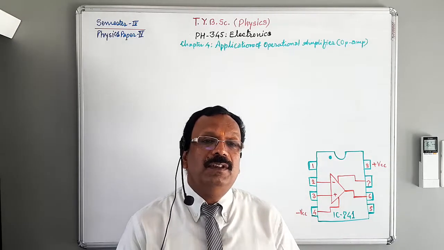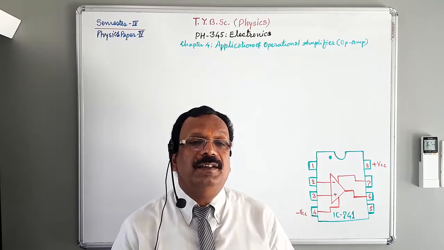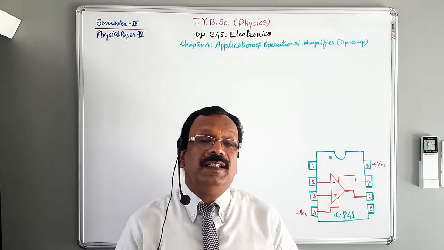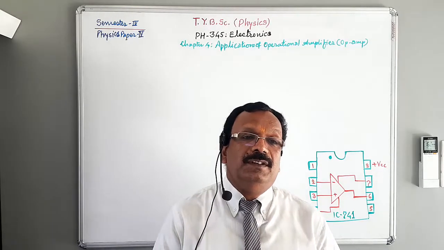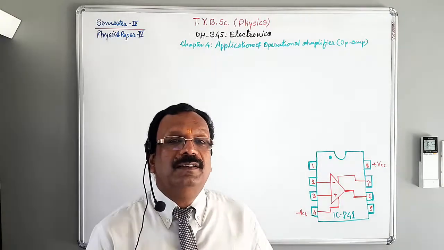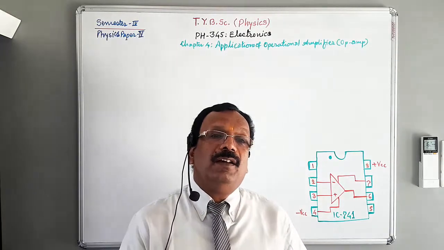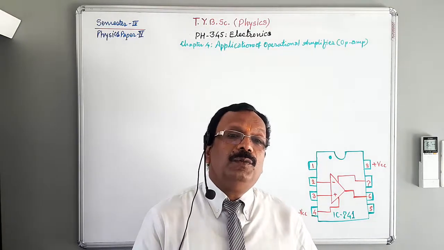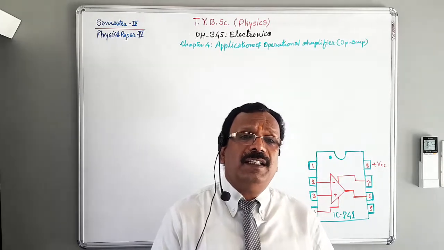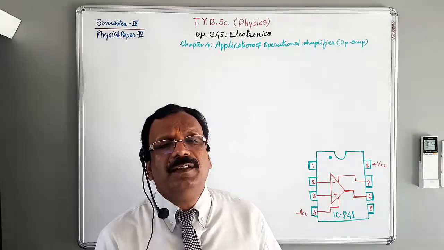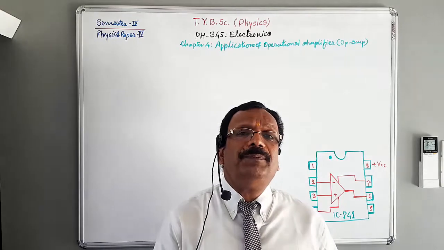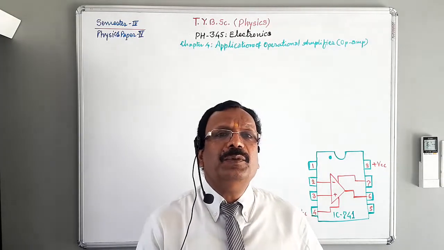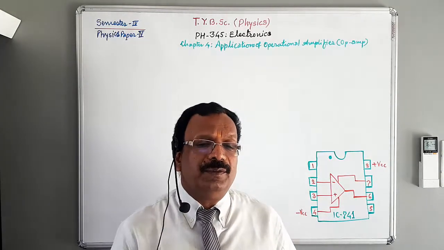Now in TYBSc we have to study the remaining part of the operational amplifier, that is applications of operational amplifier. Though we studied it in SYBSc, here I am going to briefly review that syllabus also.